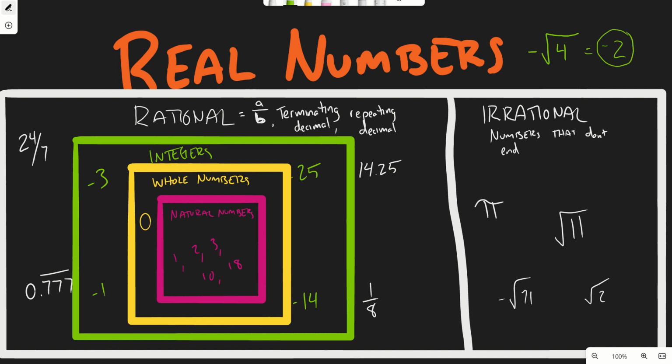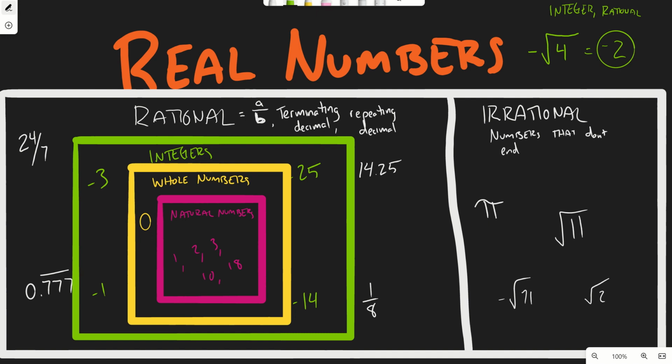And so now -2, I look and I say, well, -2 falls into integers. It's a negative number. So this is an integer. And because it's an integer, I know it's also rational. So -2, or the negative of the square root of 4, is an integer and a rational number. It's both of those things.